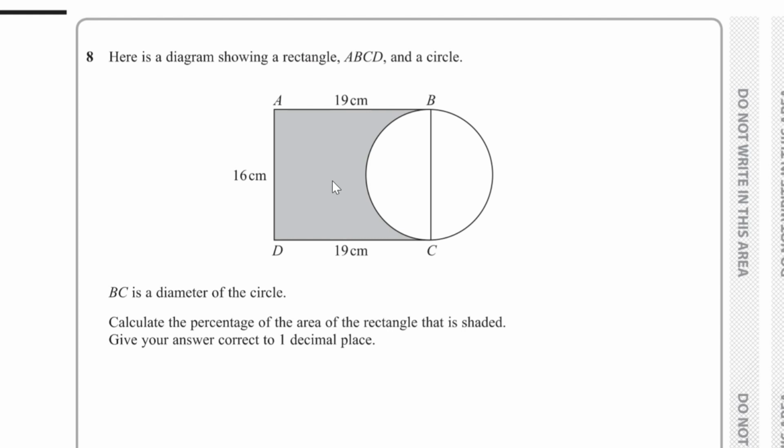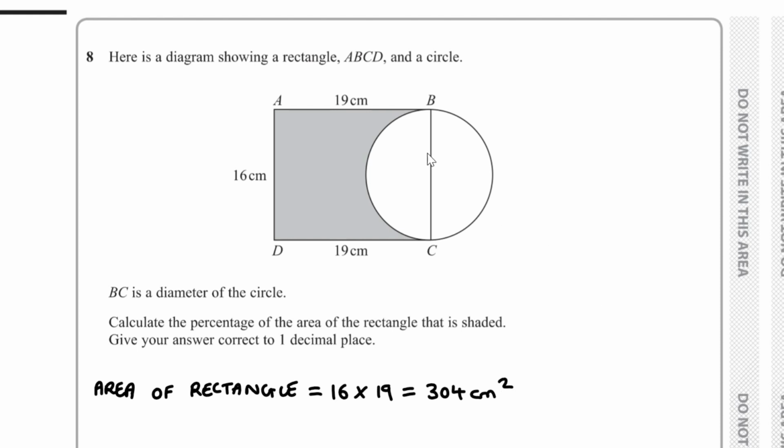So first of all, we would have to find out the area of the rectangle. The area of the rectangle is equal to 16 multiplied by 19, which is equal to 304 centimeters squared.